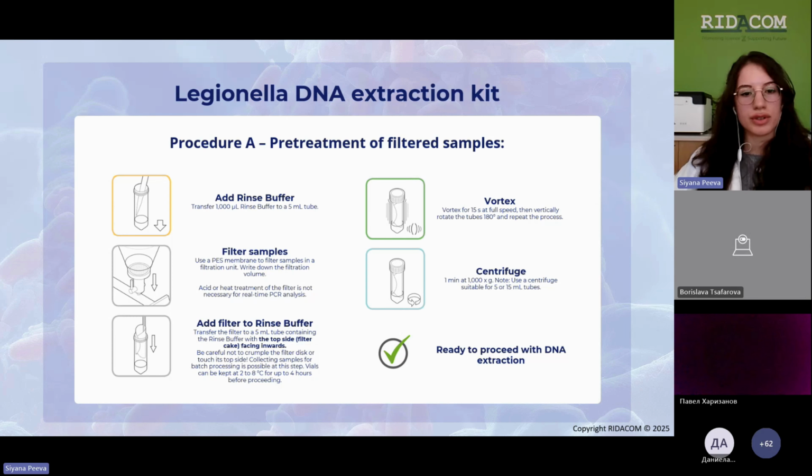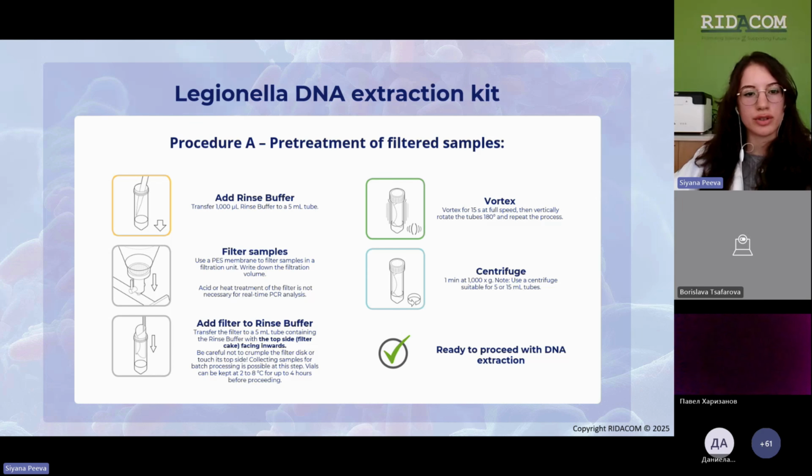So now, first, for the pretreatment of filtered samples, we first see the pretreatment of the samples, and then we'll see the same extraction procedure for all three procedures, A, B, and C. First we have to add rinse buffer to a 5 milliliter tube.